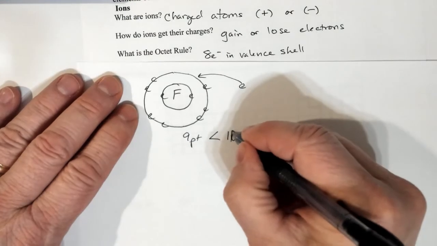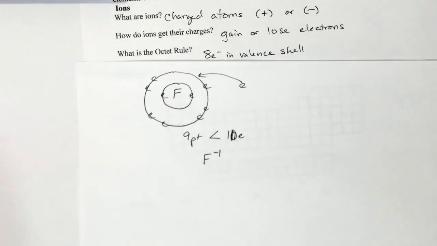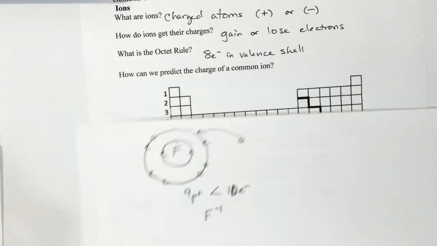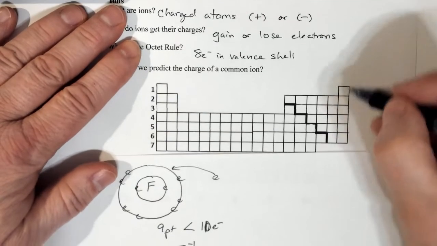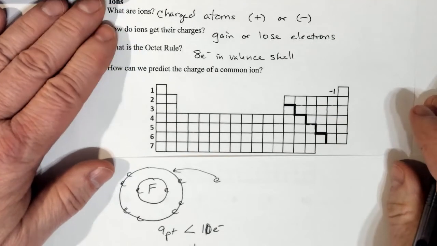And so fluorine is now going to have a -1 charge, okay? Because it has more electrons, which are negative, than protons. So fluorine and all the other ones in its row would like to become -1, okay?